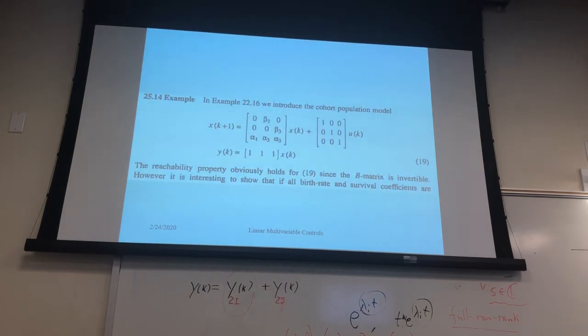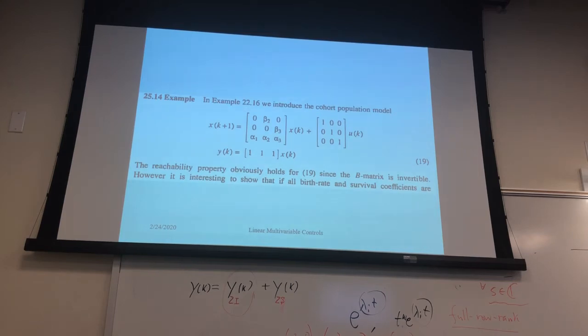In chapter 25, they said in this example we show that this is an LTI system. It's three input, one output. So the B matrix from here is invertible. This is regarding a birth rate and survival coefficient.